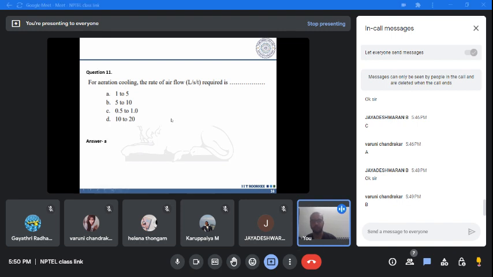Okay, so your answer is 1 to 5, that is A. 1 to 5 liter per second per ton, that is the airflow rate required for cooling aeration.